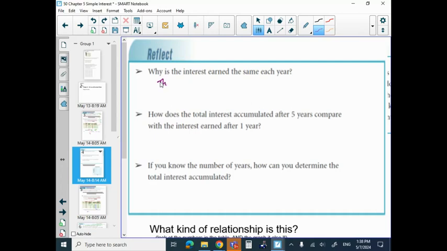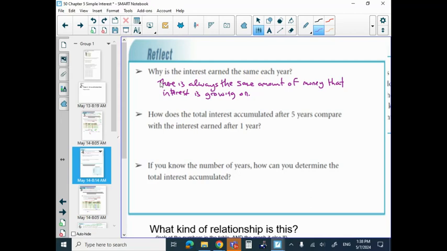So there is always the same amount of money that interest is growing on. There's always a certain interest rate of the exact same amount of money.